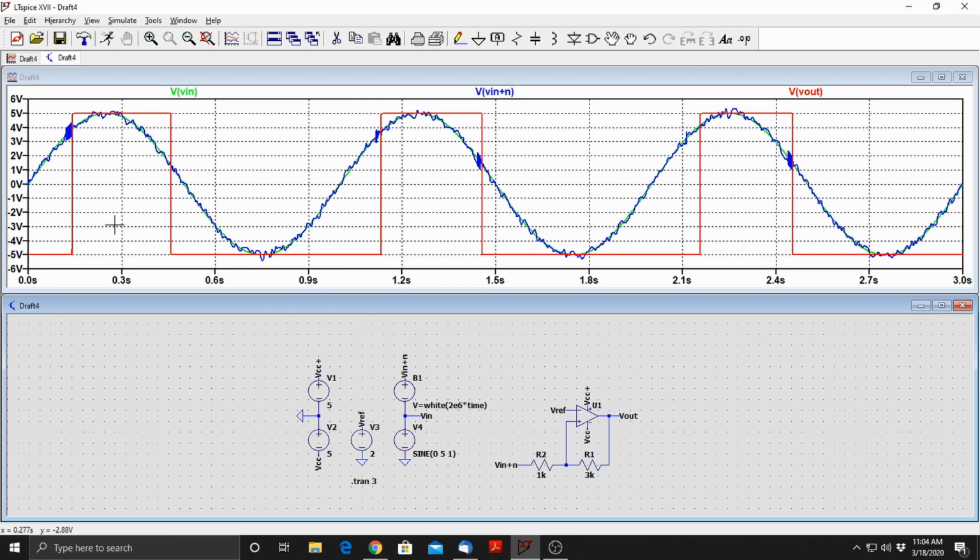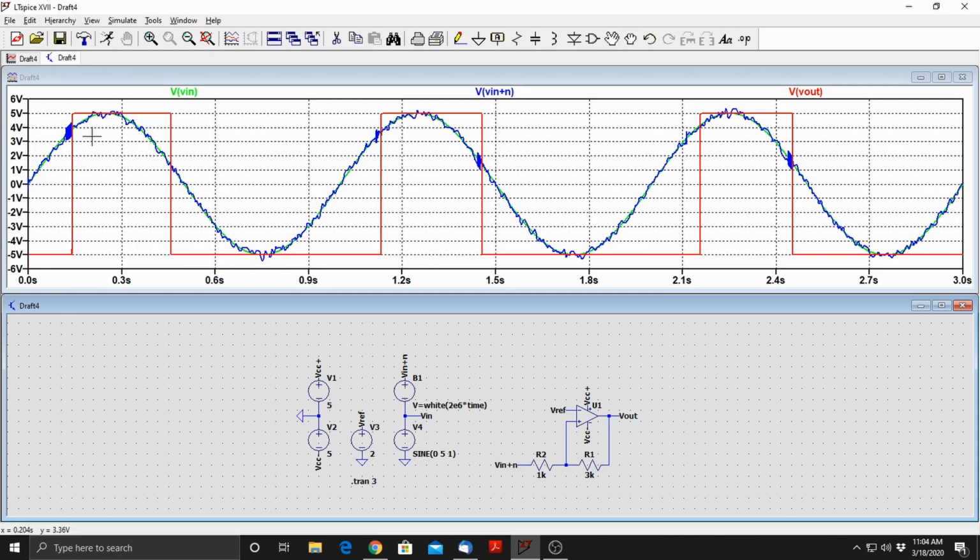What's happening is that whenever my input voltage exceeds what's called my upper trigger limit, my output swings from negative VCC to positive VCC, and whenever my input gets less than my lower trigger limit, I observe that my output swings from positive VCC to negative VCC.